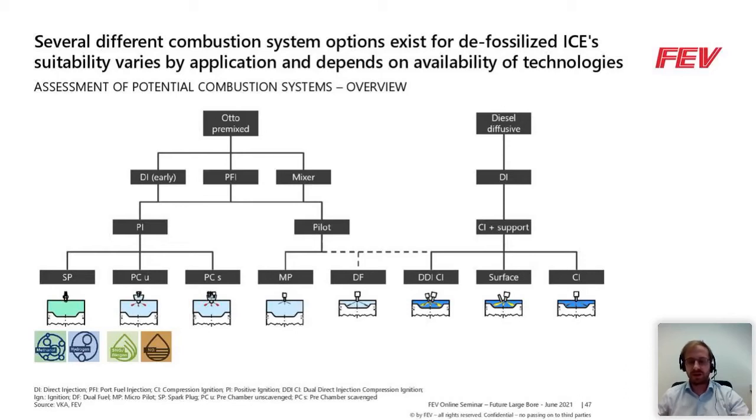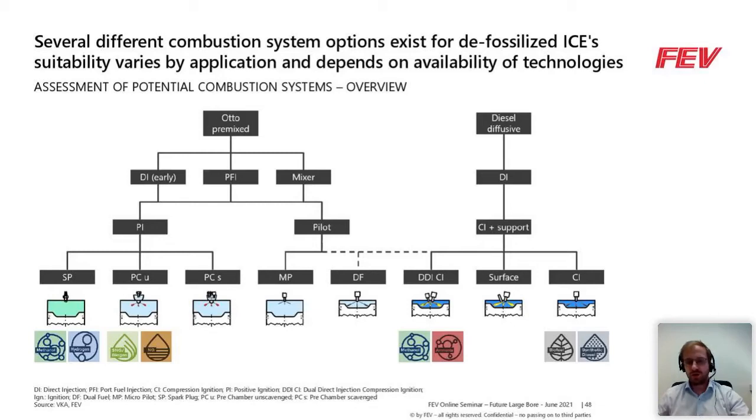Then natural gas or natural gas-like fuels like synthetic natural gas or biogas we see with an unscavenged pre-chamber, as usually is the case, at least for the larger natural gas engines by now already. Moving on to the diffusive side for the compression ignition combustion system, we see on the one hand the Fischer-Tropsch diesel, but also some biofuels like HVO or FAME would be possible for a standard compression ignition engine with maybe some minor adjustments of the fuel system.